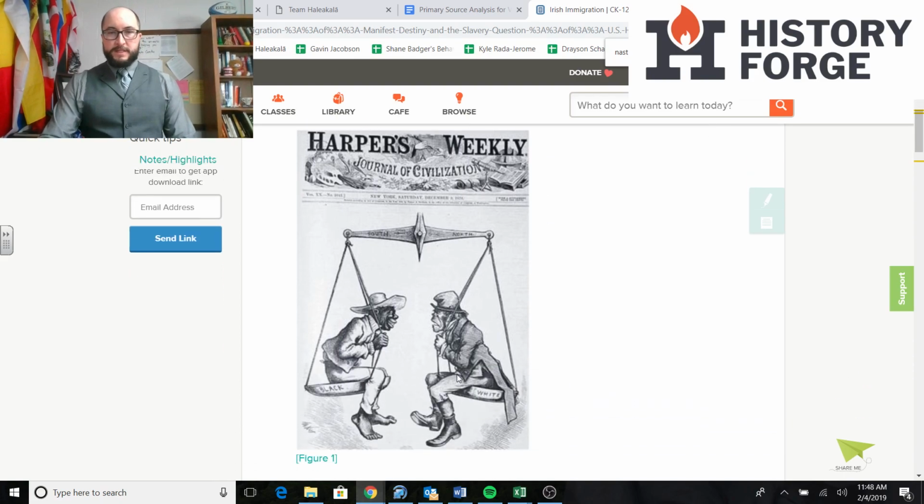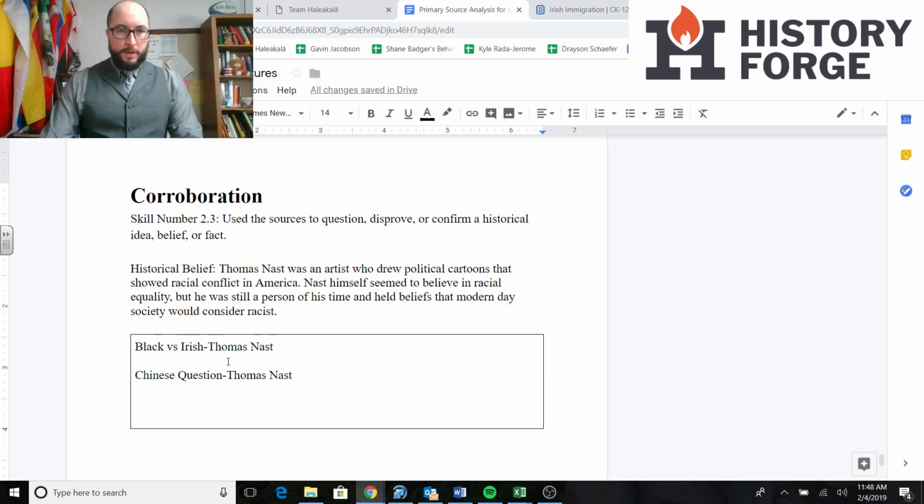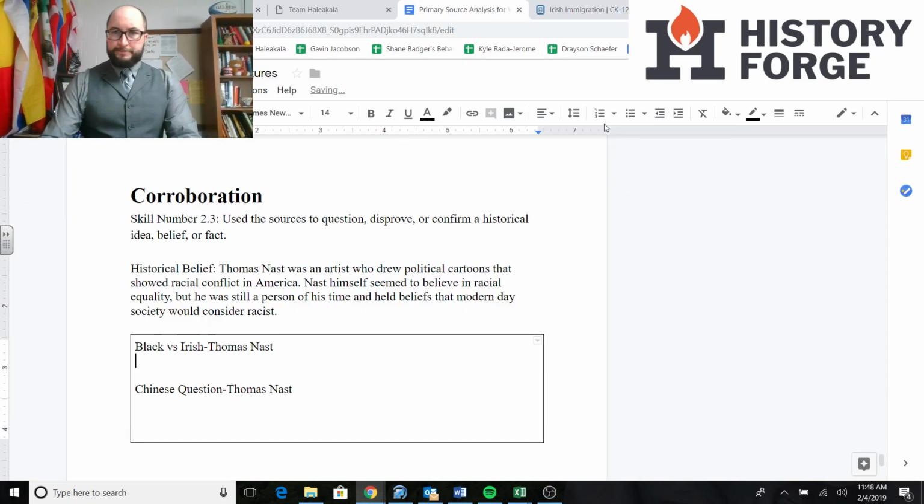You can kind of see it's a cover of a magazine, so we know it's popular. It's going to be in a lot of places. Let's just start making observations. We could say, since it's a magazine, Nast clearly is not afraid to show his opinion about race.